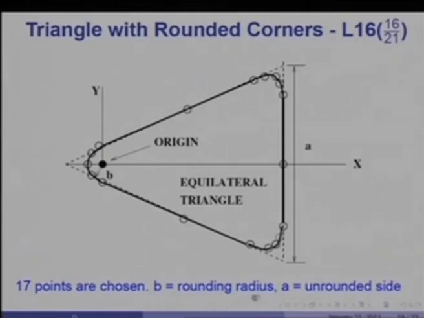So, B is the rounding radius, A is the unrounded side, the origin is here and this is y and this is x, and I choose, let us see how many points I have chosen in this case. These are the points chosen. As you can see, I have concentrated points here where the curvature is taking place and only one point on the whole entire side.